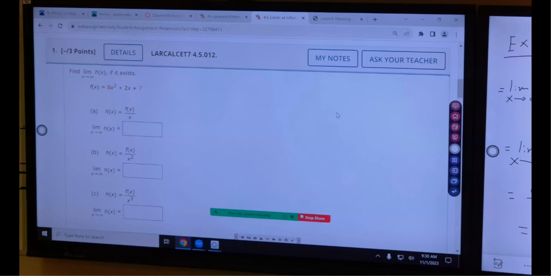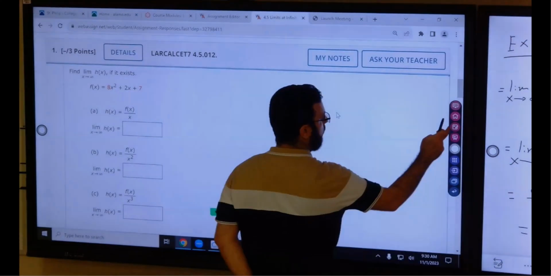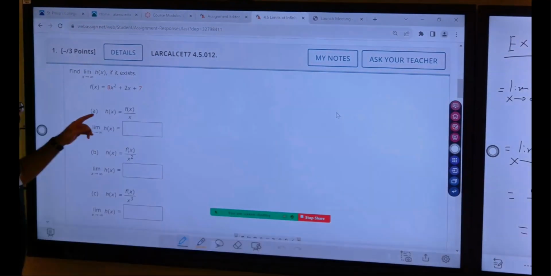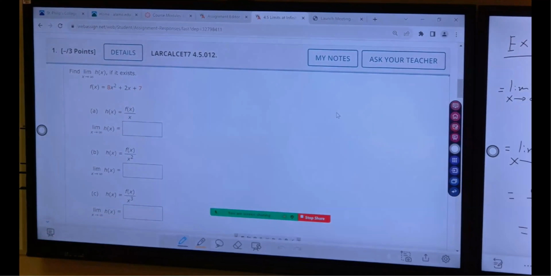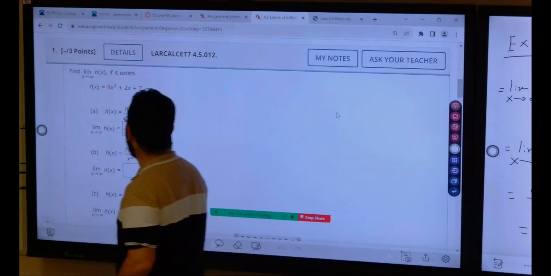Let's see the first example, this example on the other side. Now tell me, the first one, is that a polynomial?